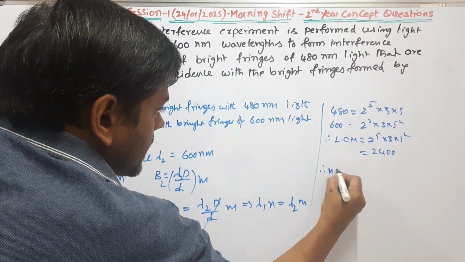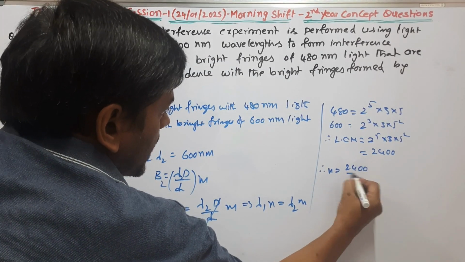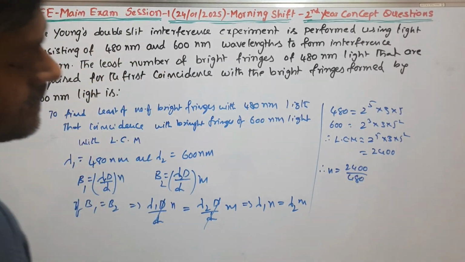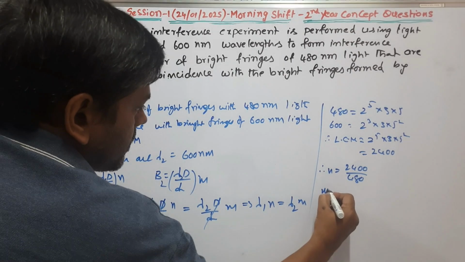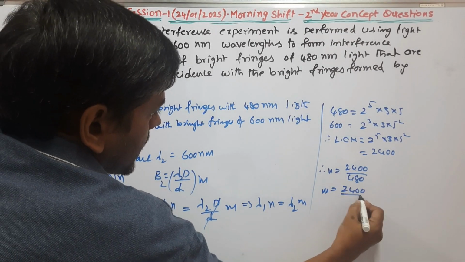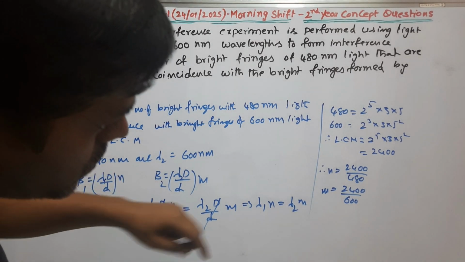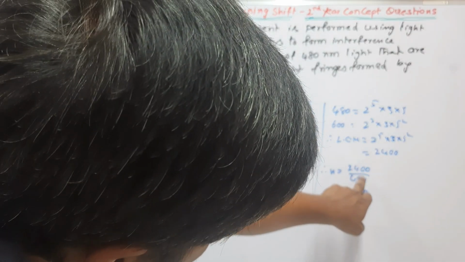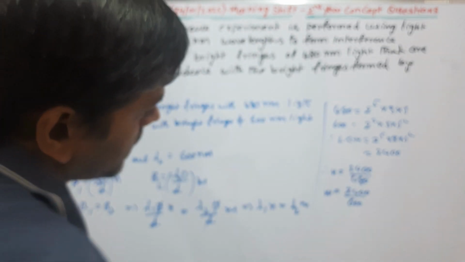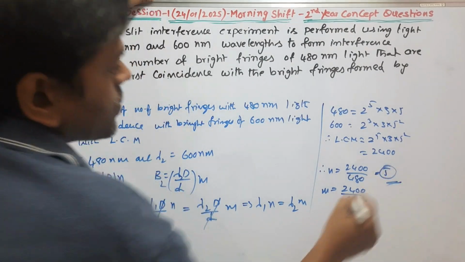Therefore n is equal to 2400 by 480, and m is equal to 2400 by 600. You get n equal to 5. So this is the answer.